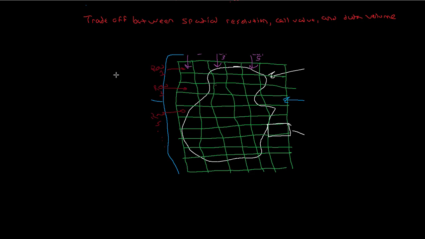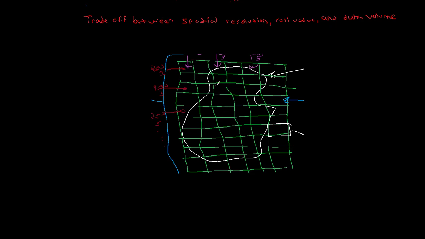When we talked about cell value, we said that a value for a given cell represented the entire area under that particular grid cell, right? And we said that spatial resolution was the length of one side of the grid cell.